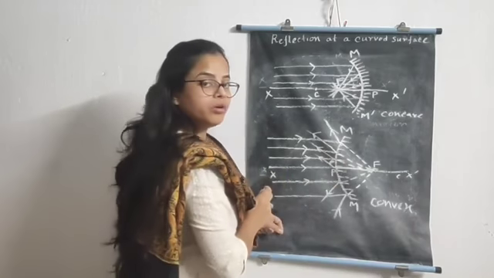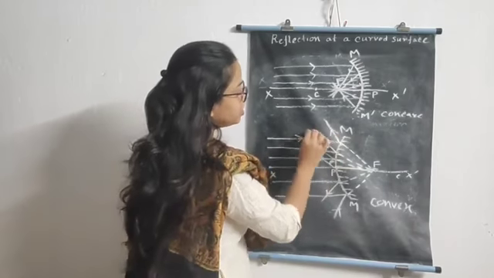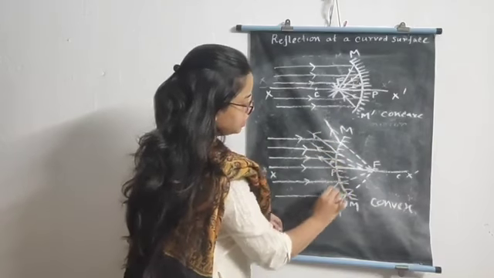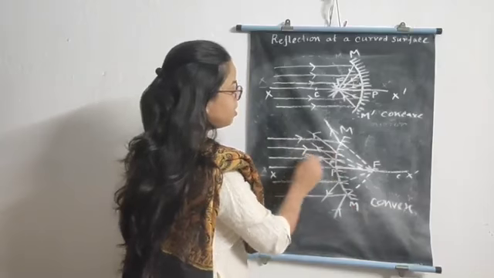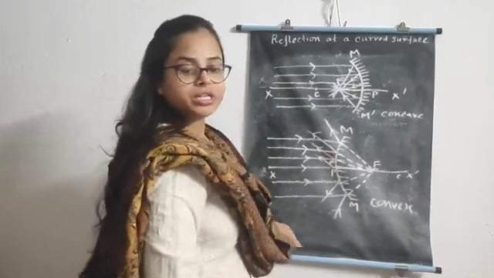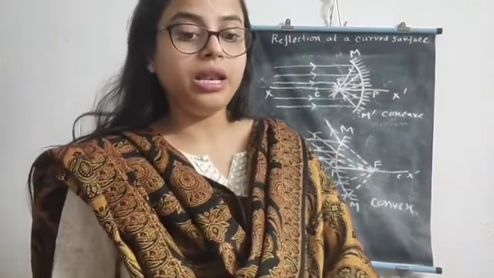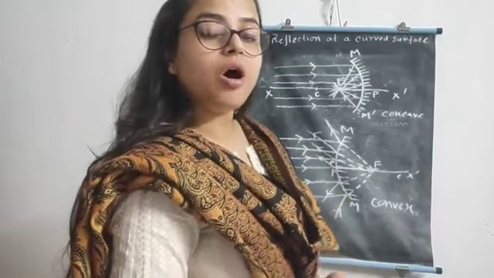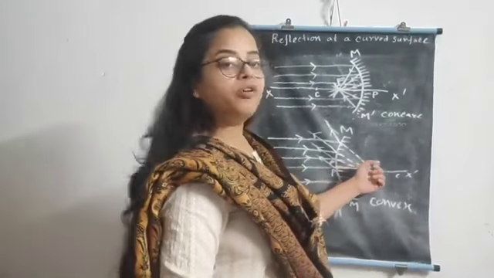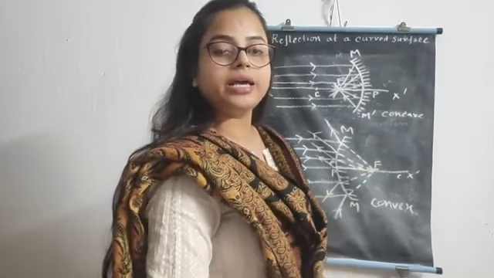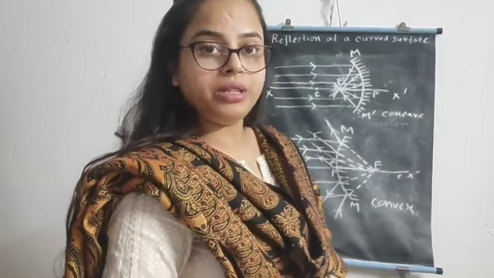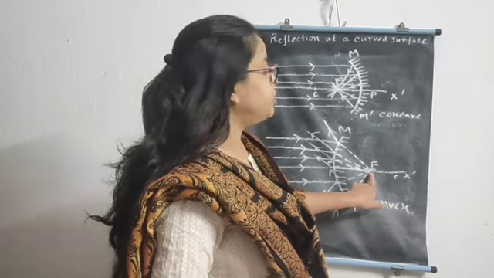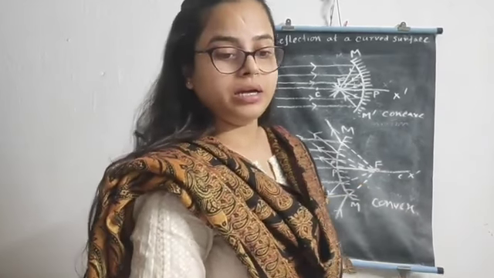In case of a convex mirror, if the light ray falls on the mirror in this path, then the light ray will go back parallel after reflection. Then we can say that focus is the object point. In that case, a real object will be there in case of a concave mirror and a virtual object in case of a convex mirror.